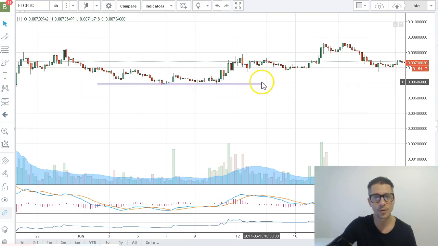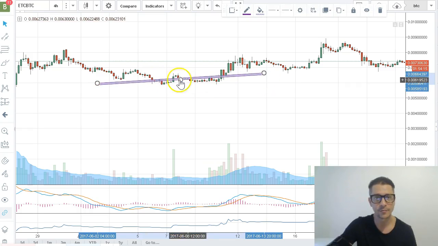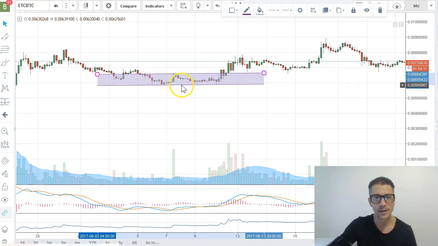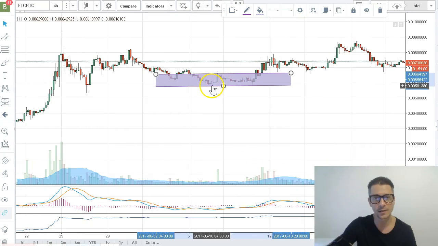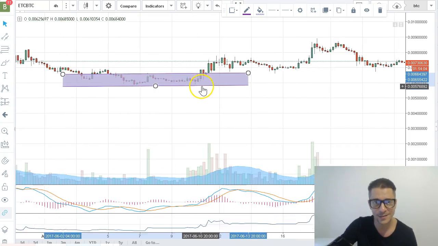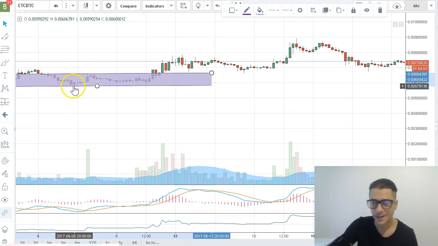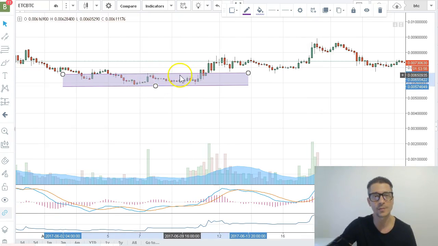This whole area here, I would say from here to here, can be considered a support level. Of course, the lowest point is somewhere here at 0.057, but this whole area is a support area.